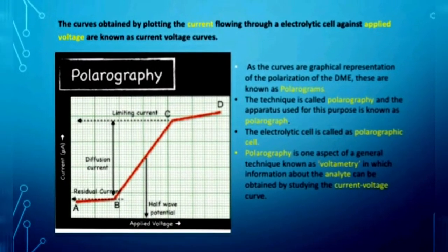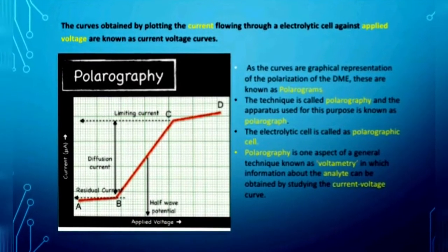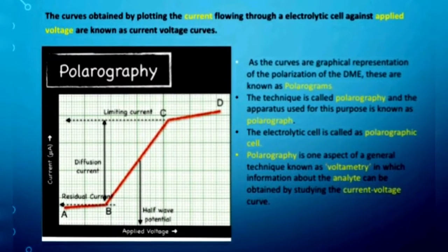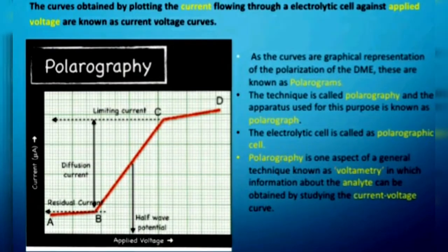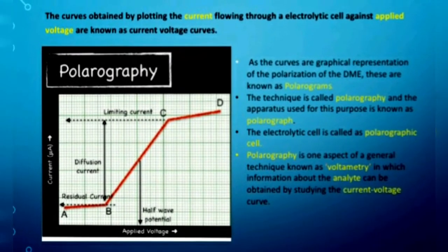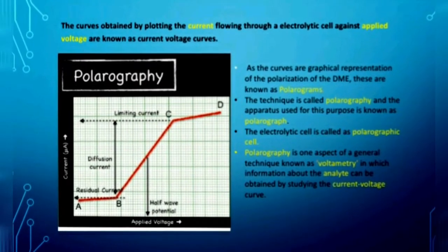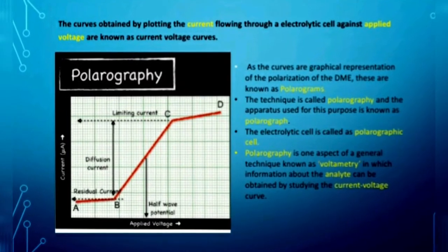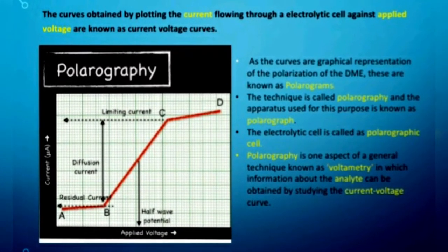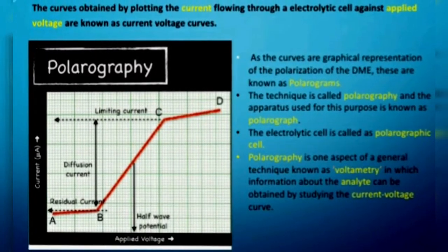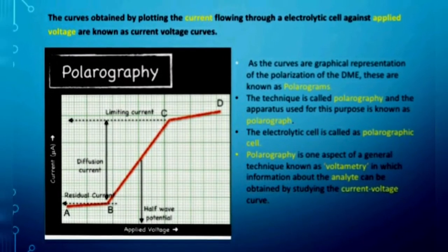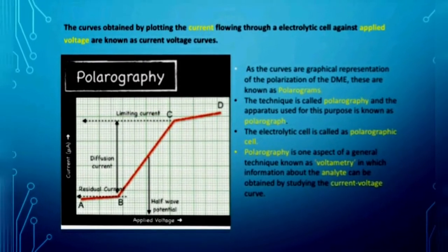This graph can also be called a polarogram because this is the exact representation of what you are doing experimentally. It is just the output of what you did experimentally, but in the form of solid evidence. Like you get it on your paper in a graph sheet, you get what you have done experimentally.